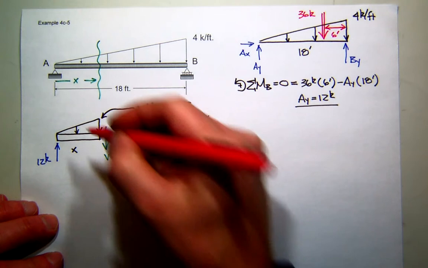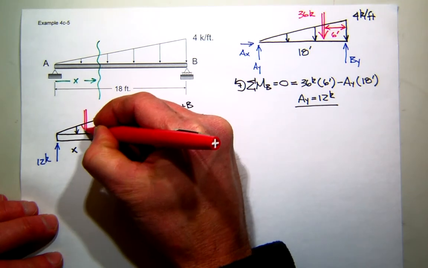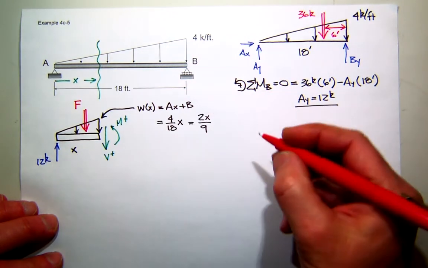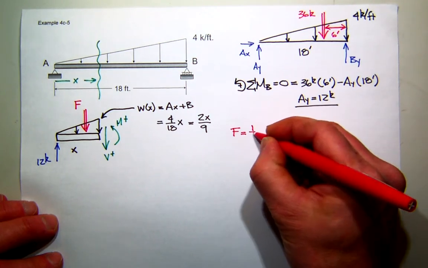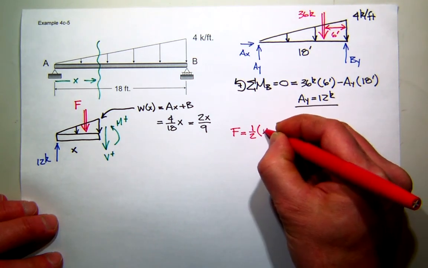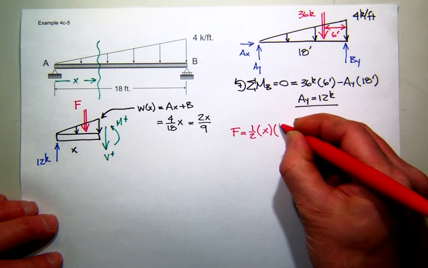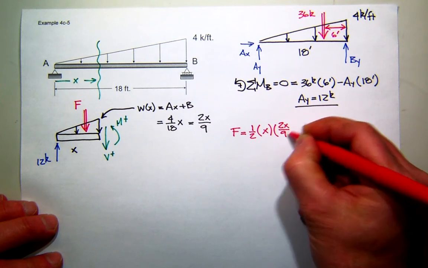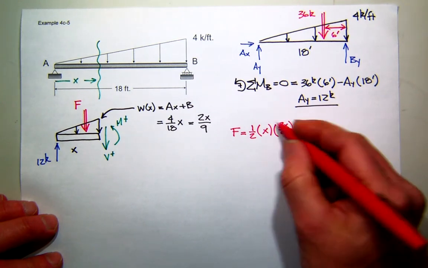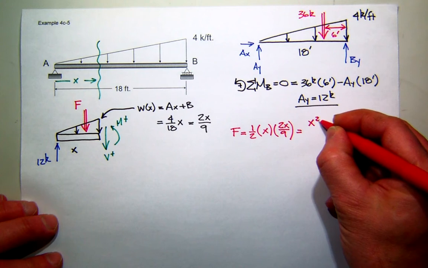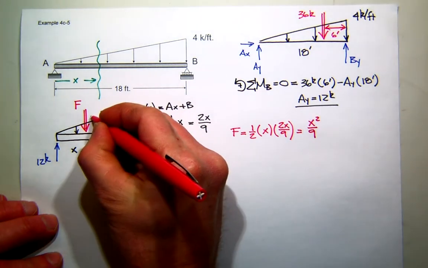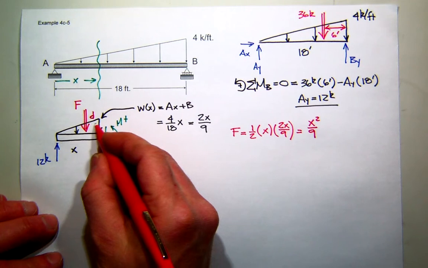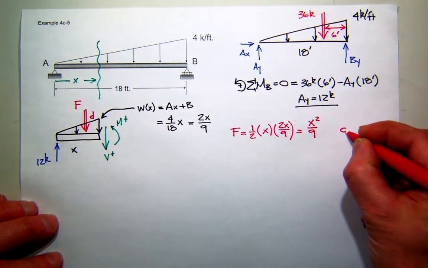So now I know that my force here, I'll just call it F. So now I know that F is what? 1/2 base x times height 2x over 9. The 2's cancel and it looks like you get x squared over 9. And of course the distance will be 1/3.